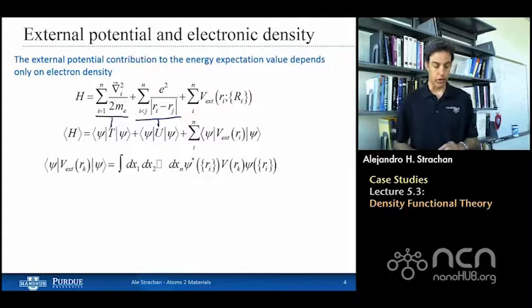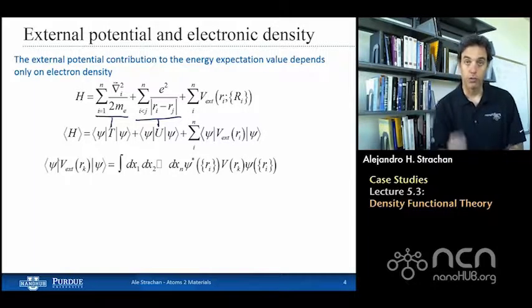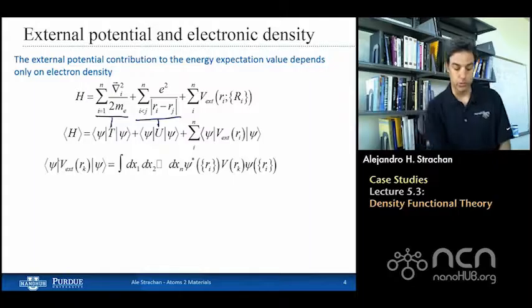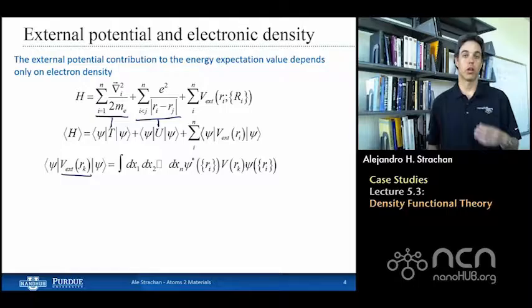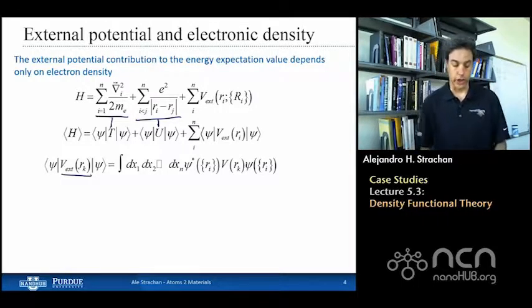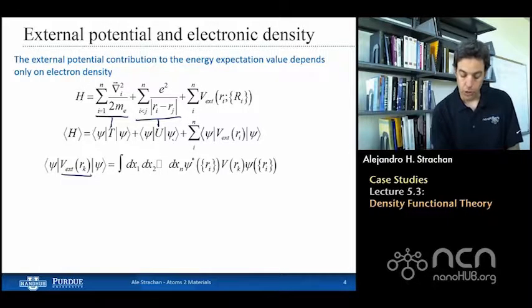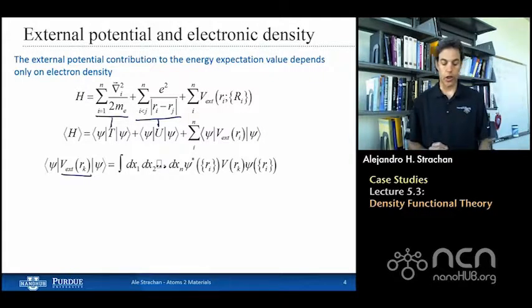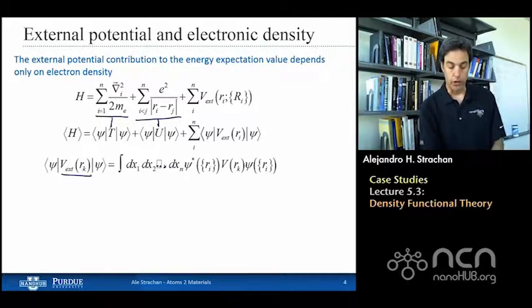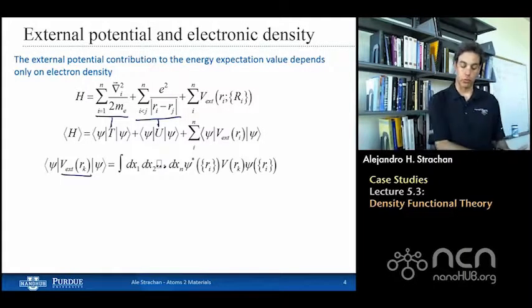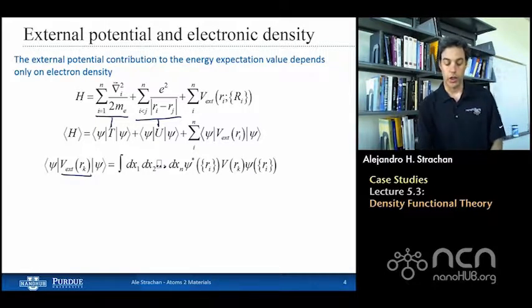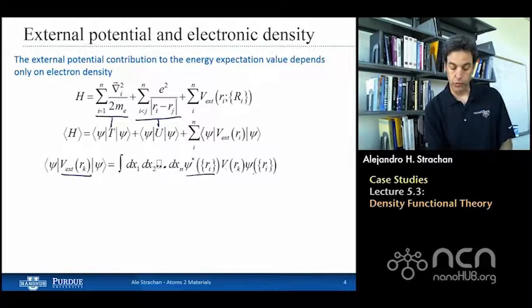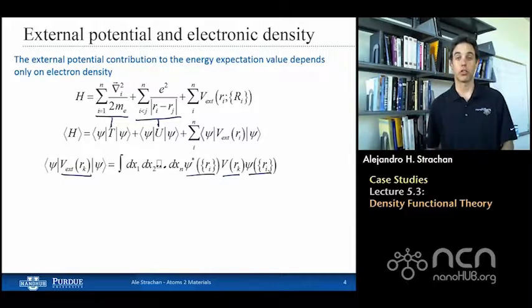So let's look at that term in a little bit of detail. I have the full wave function. This is the 3n dimensional wave function, times the external potential for electron k, times the wave function. What I'm going to do is spell that out. I have to integrate over all my variables, x from 1, 2, all the way to n, and I need to integrate the wave function times the potential times the wave function again.